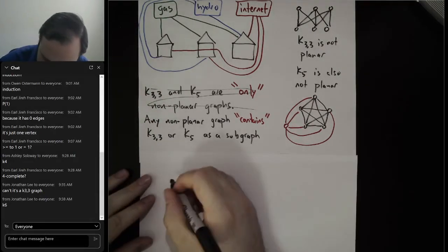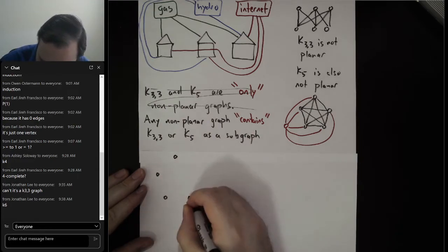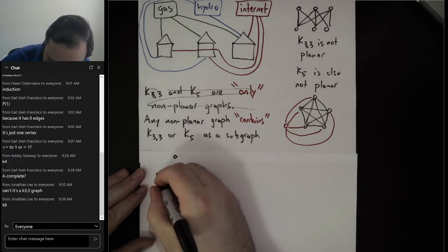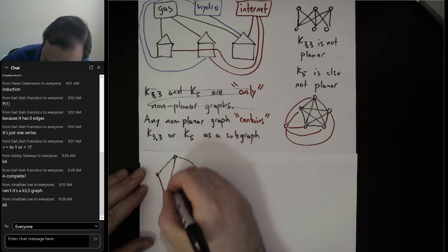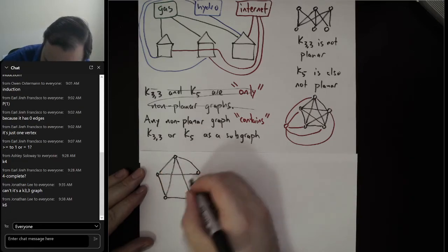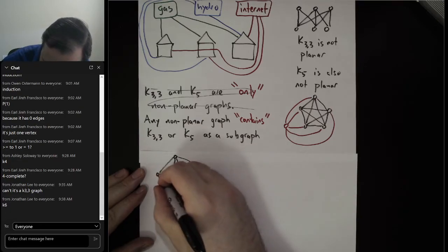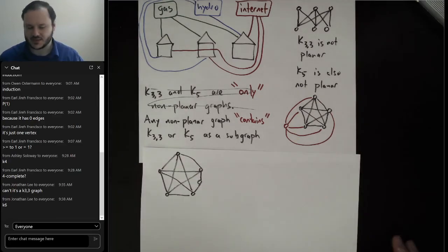Here's a graph that does not contain K5 as a subgraph. And it's not planar. And I think you'll all agree with me that it's not planar. See?